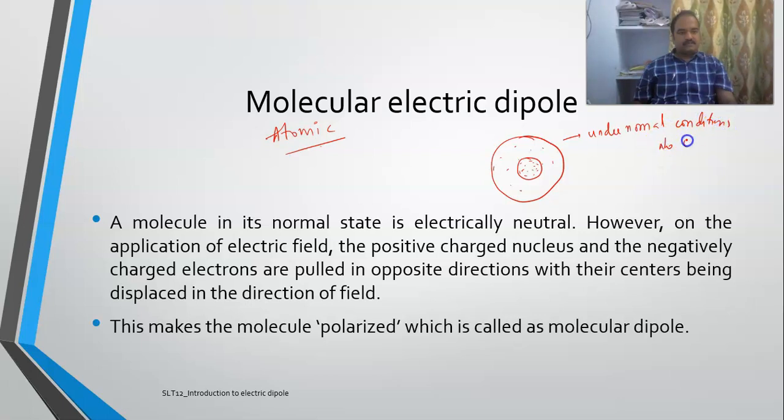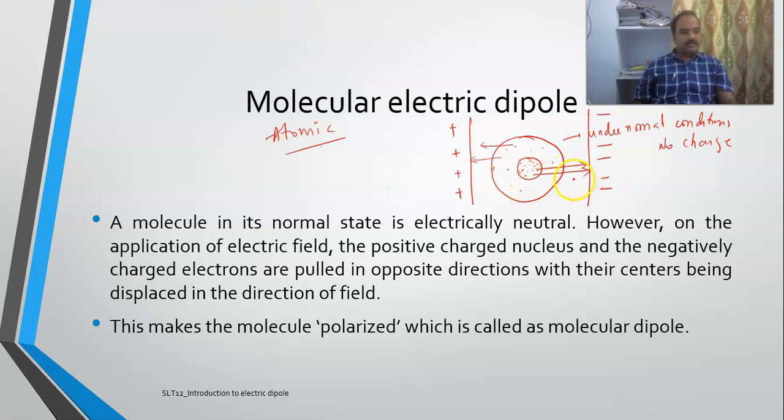there is no net charge. But let us suppose this atom is subjected to an electric field, a very strong electric field that I am applying here. Automatically, the electrons present here will be attracted towards the positively charged side, whereas the nucleus will be attracted towards the negative charge.